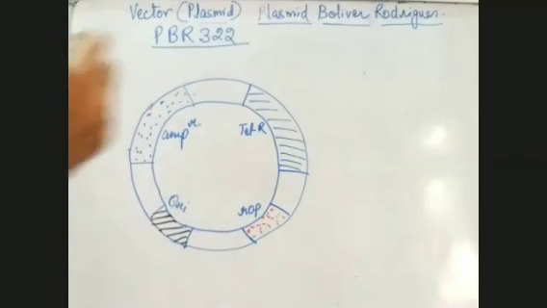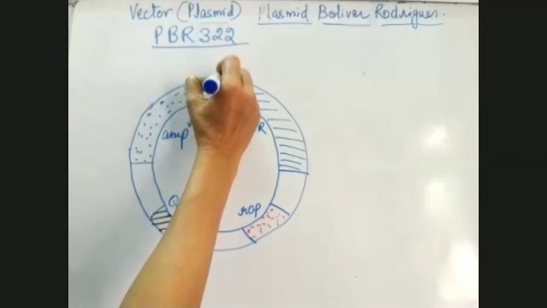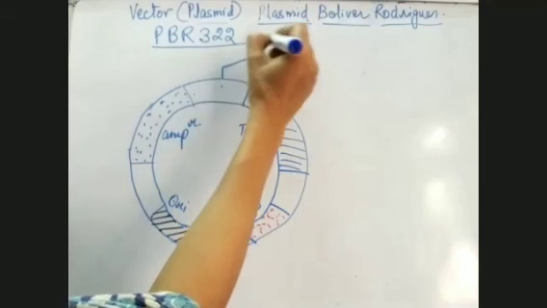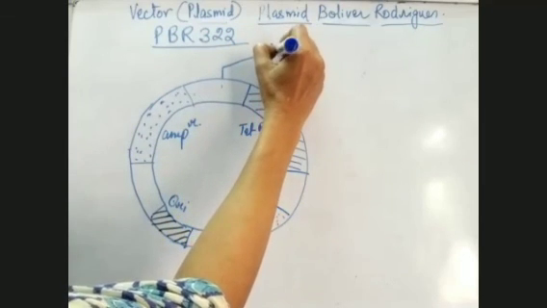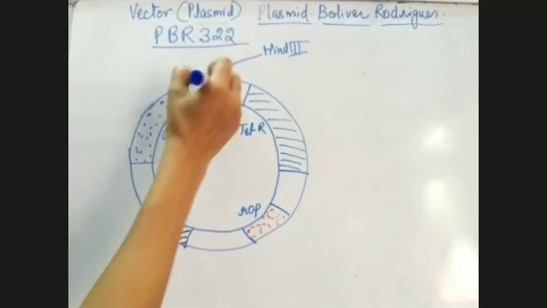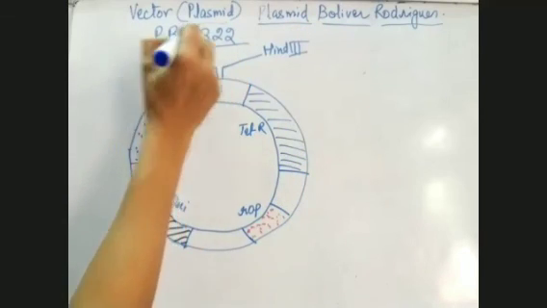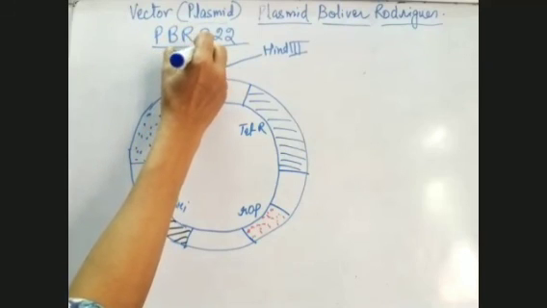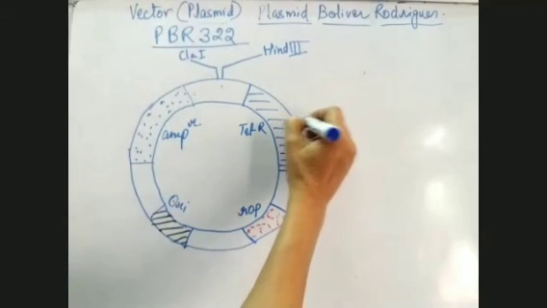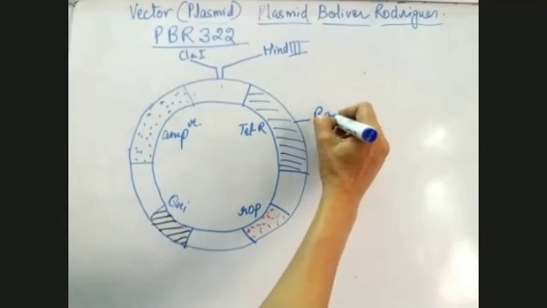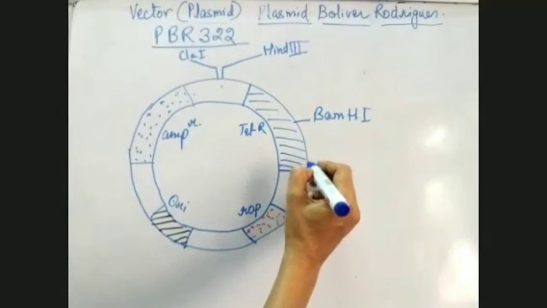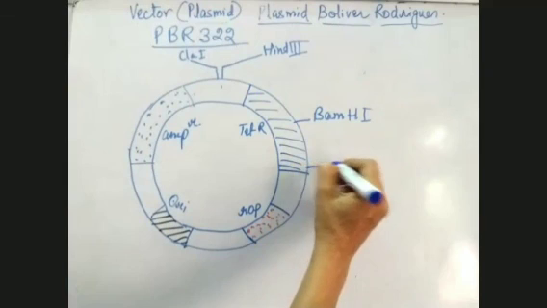Now we have different recognition sites here, which have been made. The first recognition site here is HIND3. Here it has been made CLA1. Then we have one here, BAMH1. Here we have one more recognition site, and here one more.